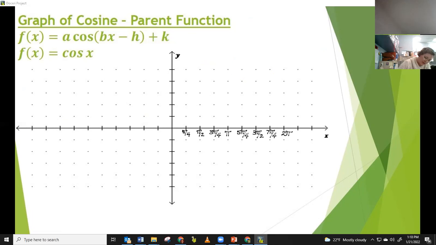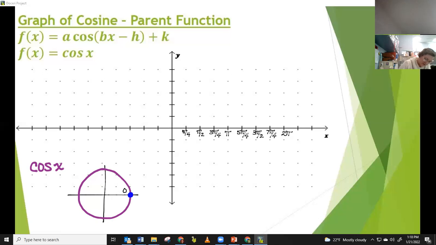I want you to think about cosine now. So I'm thinking about my unit circle again, but now instead of looking at the sine value around that unit circle, I want to look at the cosine value around that unit circle.